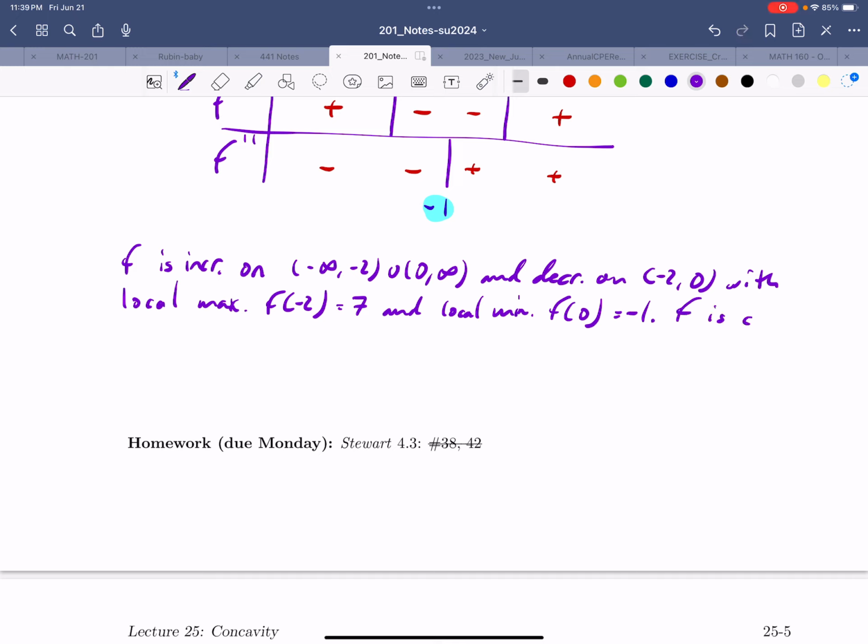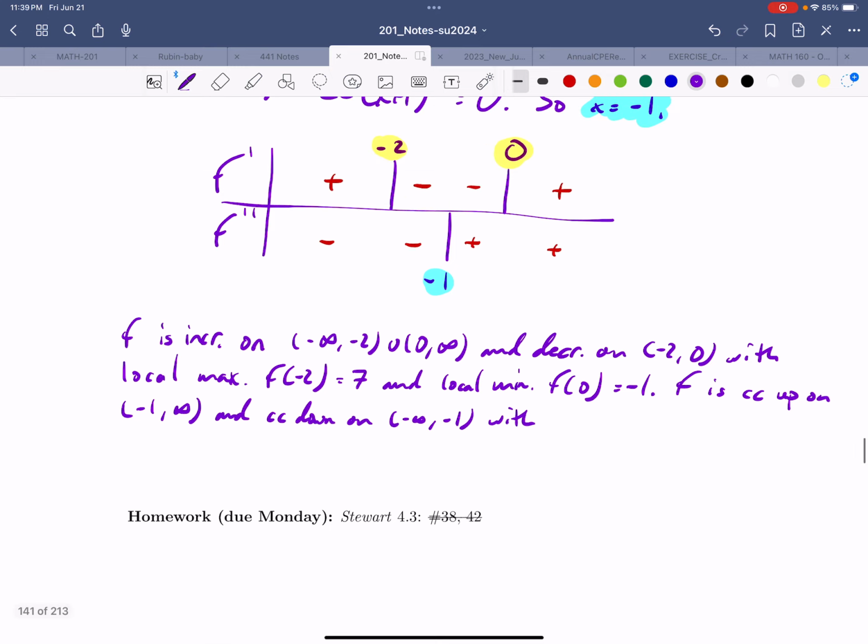f is concave up on negative 1 to infinity, and concave down on negative infinity to negative 1.